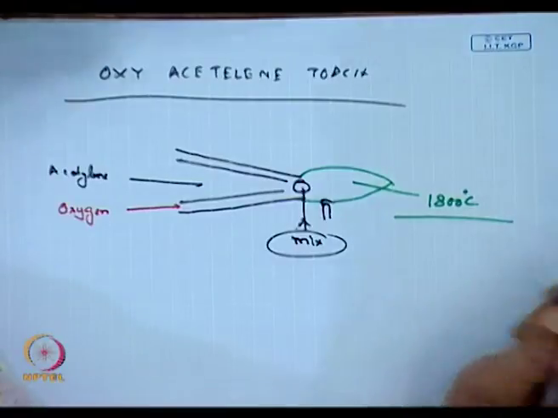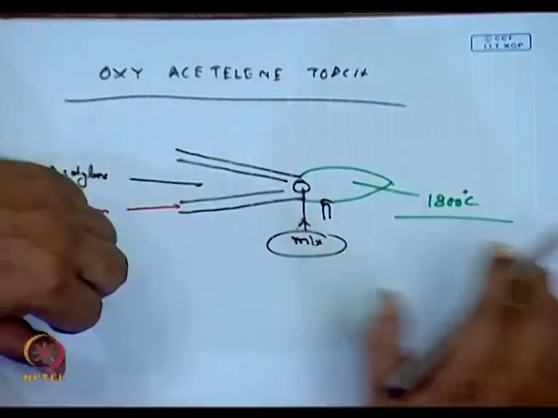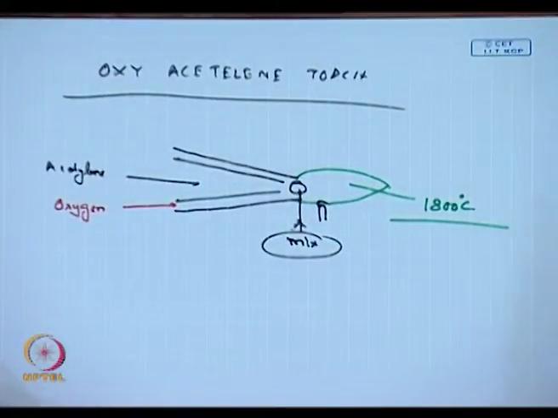This oxyacetylene torch is there in any machinist shop. When your bike has broken down, or someone's bike has broken down, you have seen this torch being used to repair it.